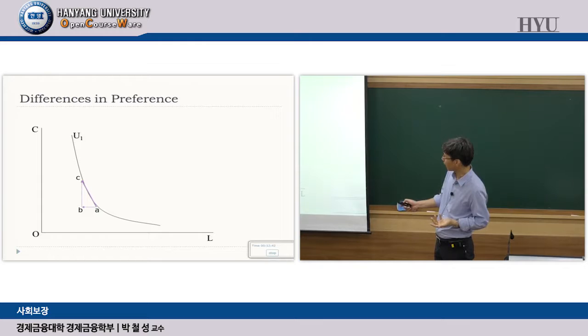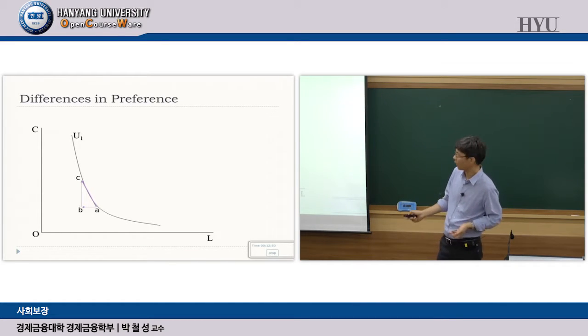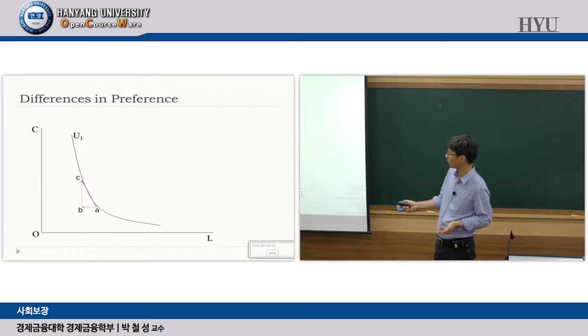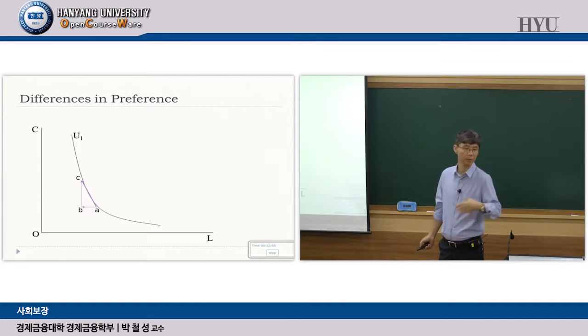By how much consumption? That should be BC. That's what the slope basically means. We take away AB amount of leisure, then if we give this person BC amount of consumption additionally, this person will be equally happy.